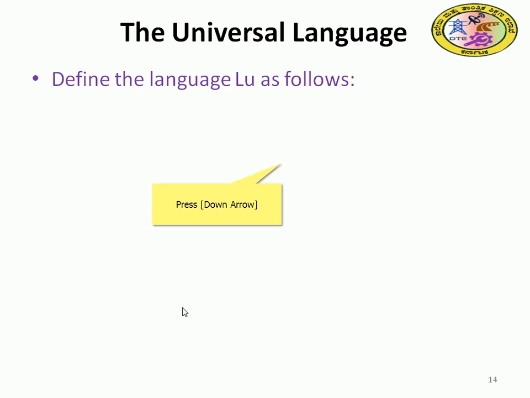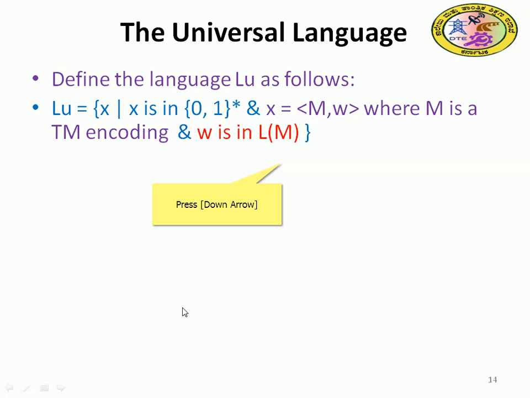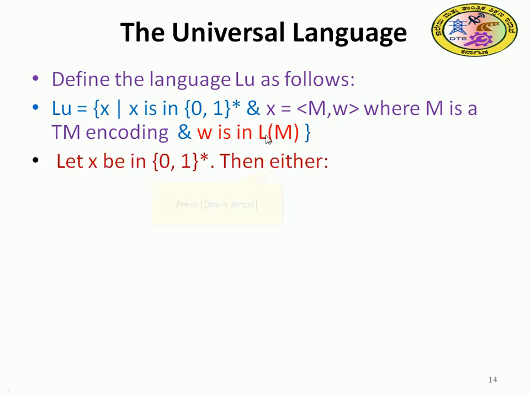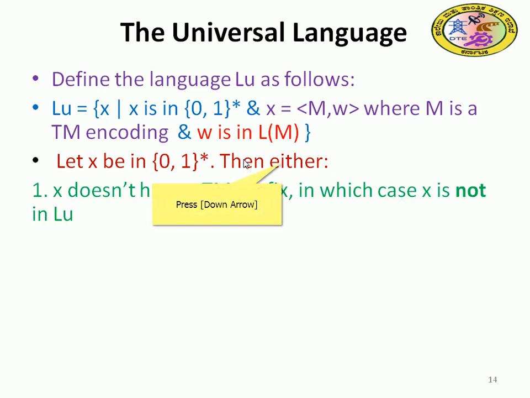Define the language LU as follows. LU is the set of X, where X is in {0, 1}* and X is <M, W>, where M is a Turing machine and W is a string belonging to L(M). Let X be in {0, 1}*, then either X does not have a Turing machine prefix, in which case X is not in LU.